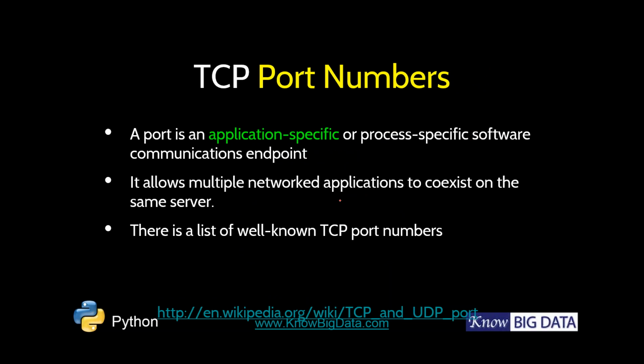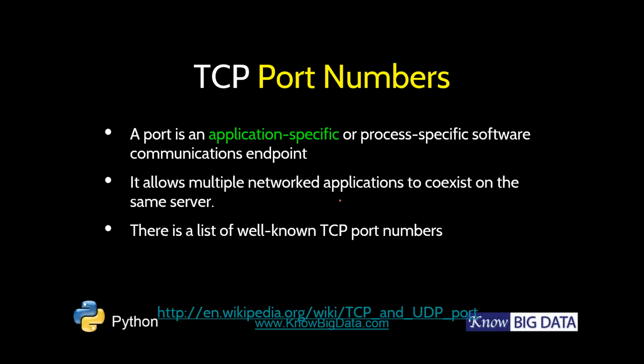What are port numbers? A port is an application specific or process specific software communications endpoint. That software specific endpoint is the port, and it's basically application specific. Each process is going to communicate over a specified port.